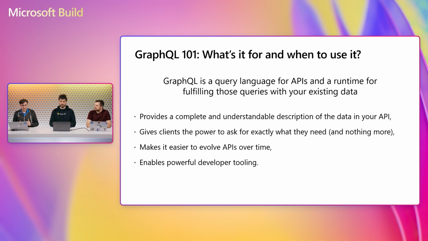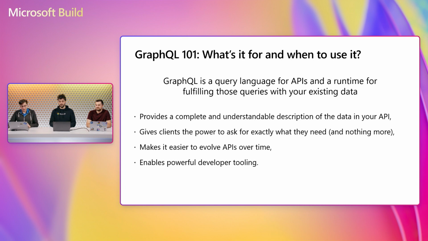The second thing is the client asks for exactly what they want. We're not wasting bandwidth receiving data that we're just going to toss out because it's not in the page we're drawing. And the third thing is a very underrated part of the GraphQL specification: subscriptions. Subscriptions are real-time notifications, and that allows applications to be reactive.